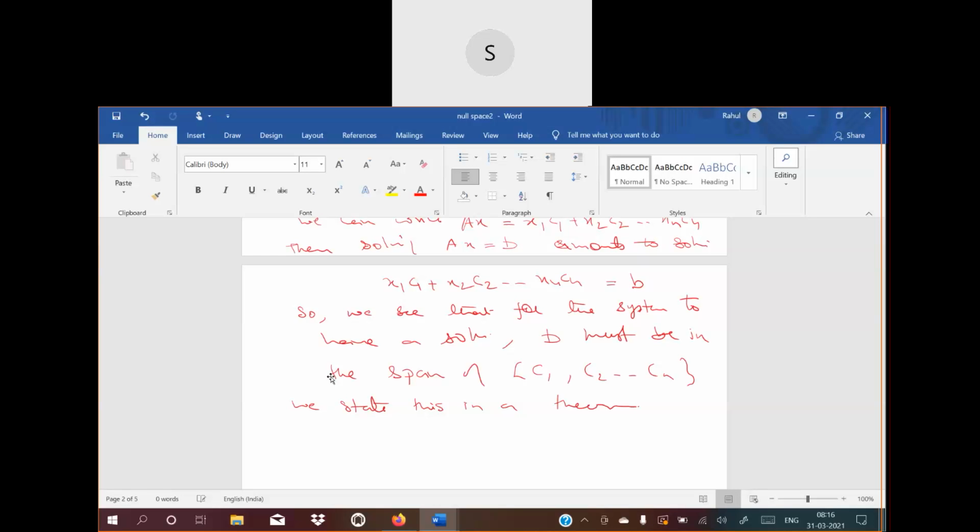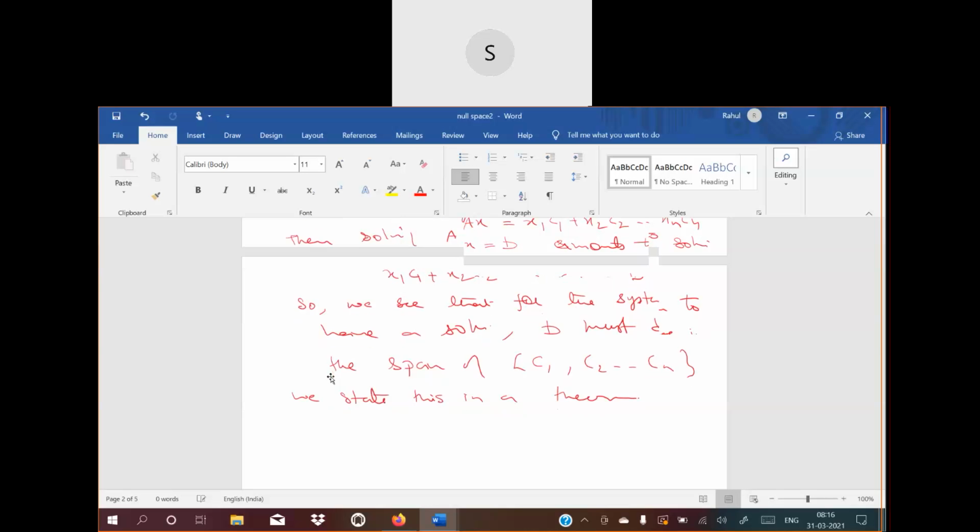So if the system has a solution, then B must be in the span of c1, c2, up to cn. Now what does that mean?